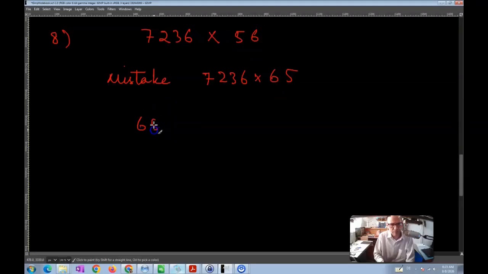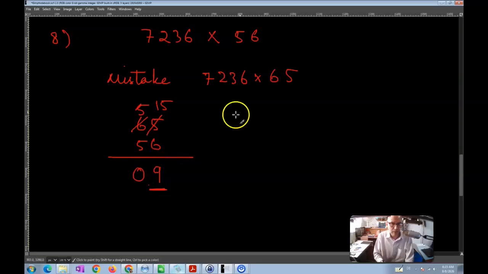And 65 minus 56 is the same thing as, if I borrow 1 from here, that becomes a 5, that becomes a 15. 15 minus 6 is equal to 9, and so the difference is 9, right? So since the difference is 9, the difference between the two answers is going to be 9 times 7,236, right?